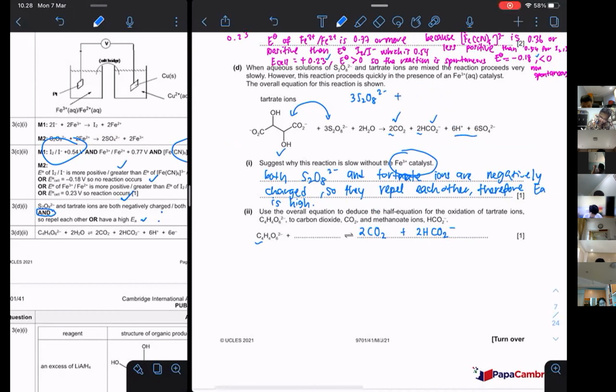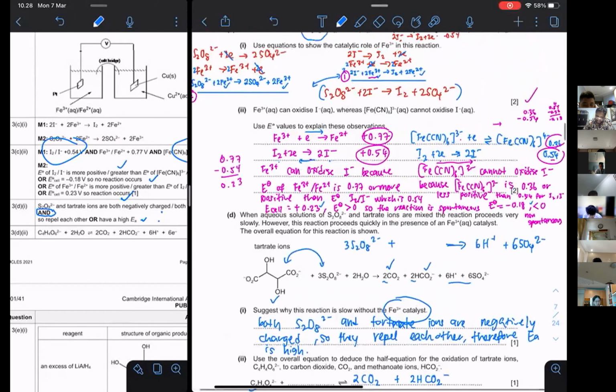So there is presence of water. Anyway, they are going to give me 6H+ and then 6SO4 2-. So here, I need to predict what equation I will get with S2O8.